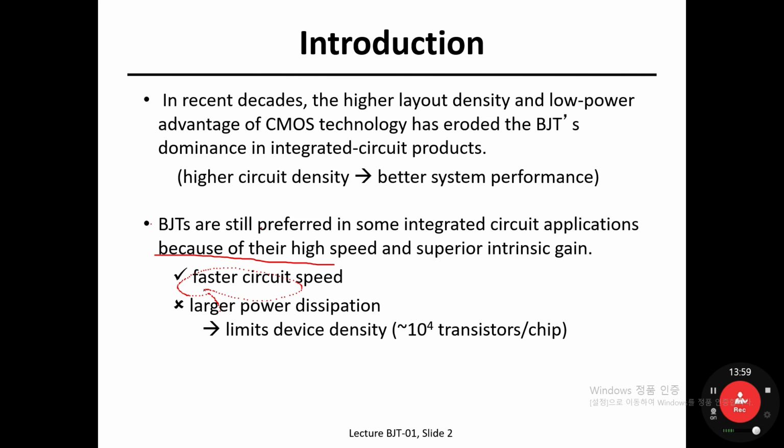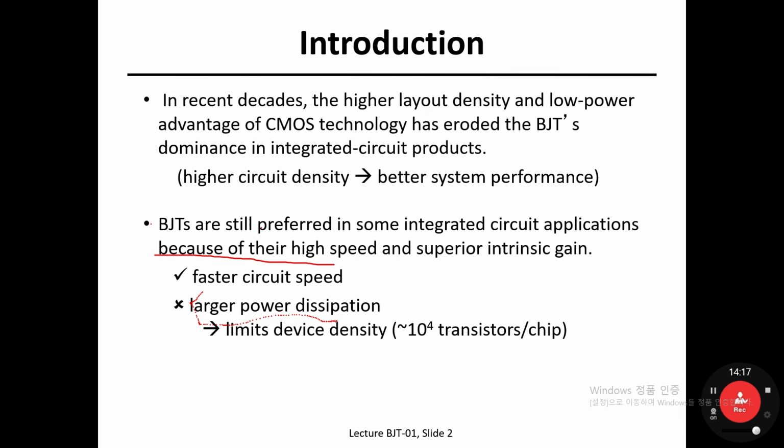However, there definitely exist disadvantages of using BJT in IC. What was it? Yes, larger power dissipation. In terms of power dissipation or power consumption, MOSFET is a better option than BJT.